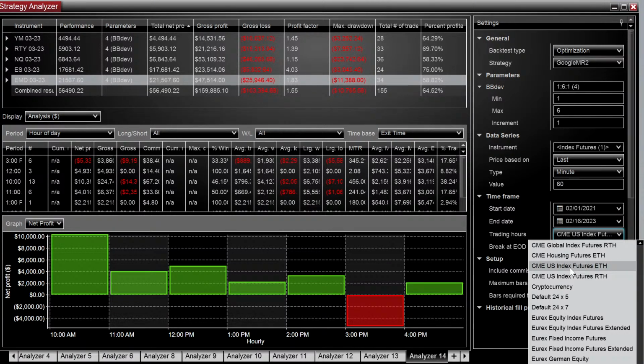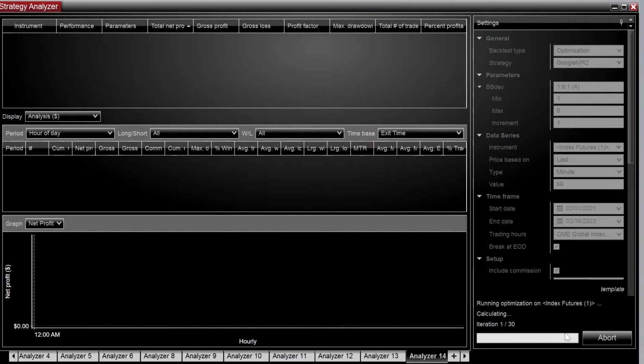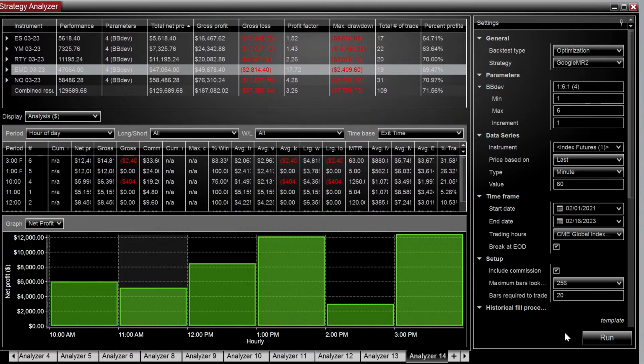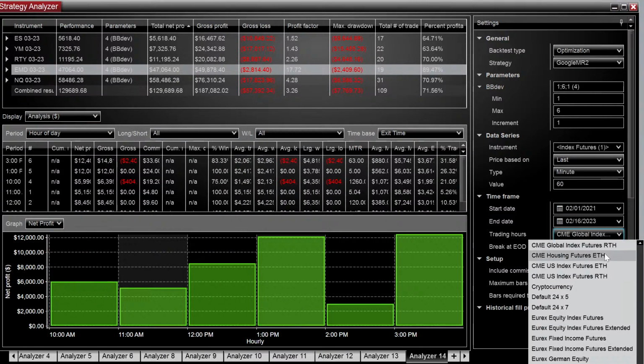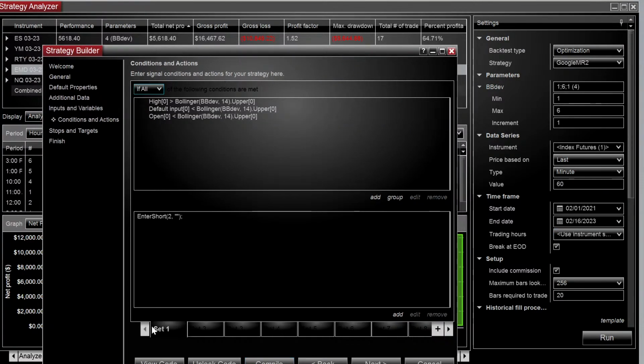That did not give me the right hours. Why it's only doing freaking 10 a.m. to... It's gonna do it manually. So let's add a little time filter.